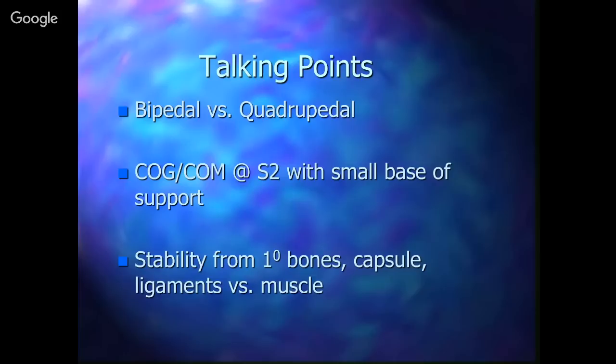Anytime you're using skeletal muscle, you're burning fuel, you're burning energy to maintain that posture, and therefore it's not very energy conserving. So as you'll see in the upcoming slides, our optimal posture comes in the form of bones, capsules, and ligaments, primarily those being inert structures, providing us stability over the muscle.